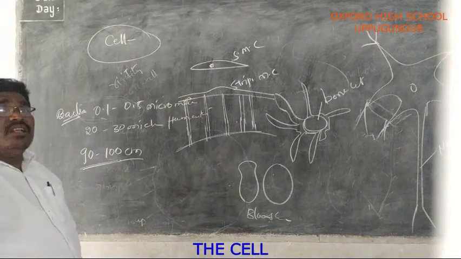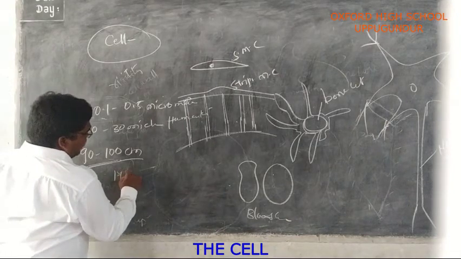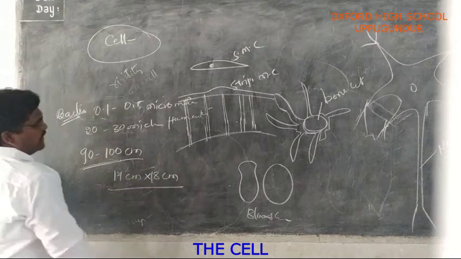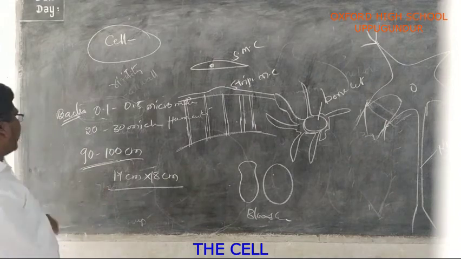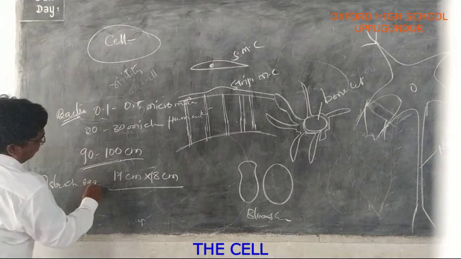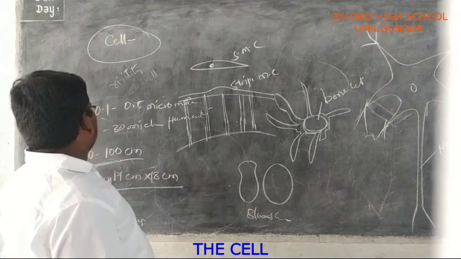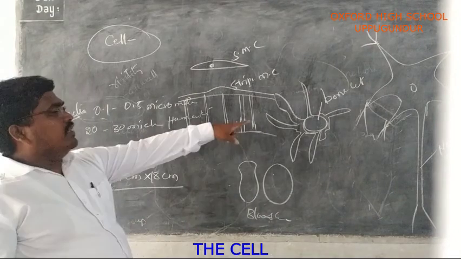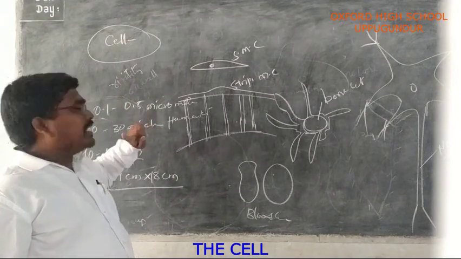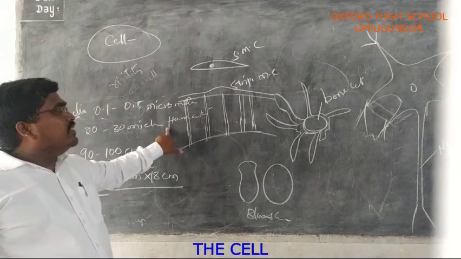The largest cell is the ostrich egg cell, which measures 17-18 centimeters. So the nerve cell is 90 to 100 centimeters, bacteria cells are 0.1 to 0.5 micrometers, and human kidney and liver cells are 20 to 30 micrometers in length.